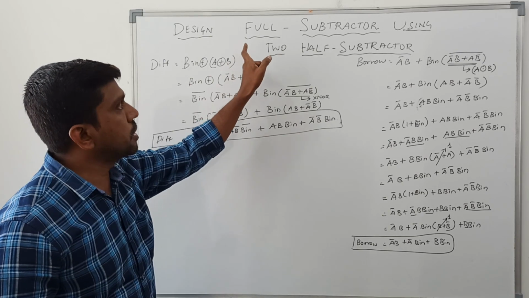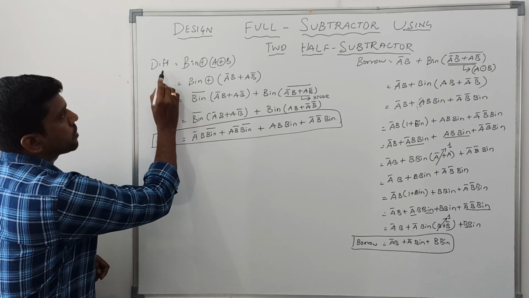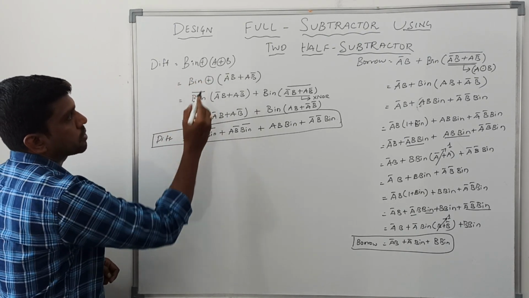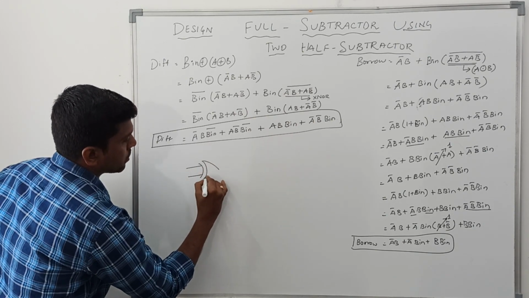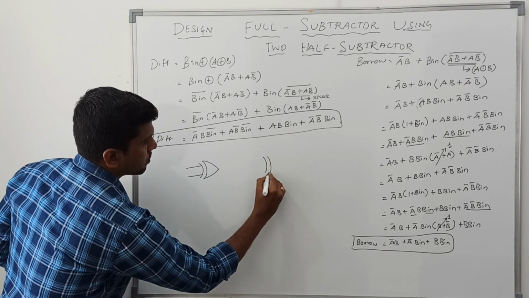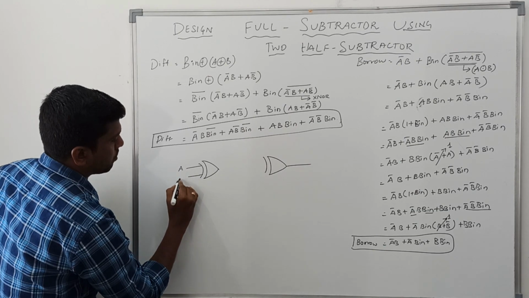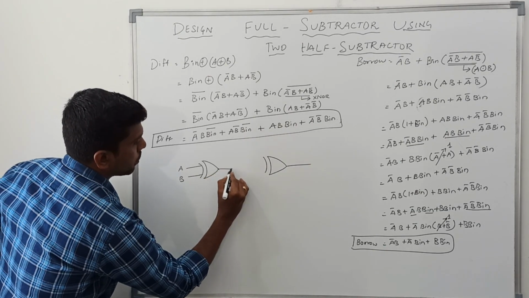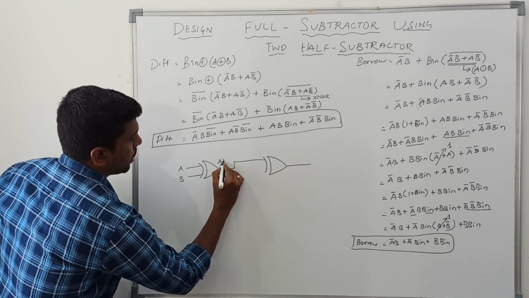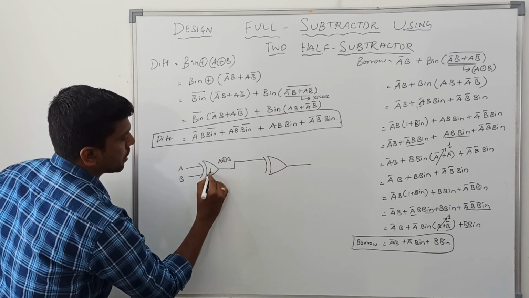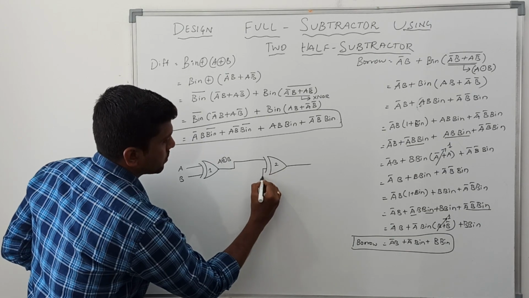I am going to draw the structure of the full subtractor using two half subtractors. Let me consider the difference equation: difference equals B in XOR A XOR B. In this expression I need two XOR gates. The first XOR gate inputs are A and B. The output of this XOR gate, A XOR B, is connected to the input of the second XOR gate.